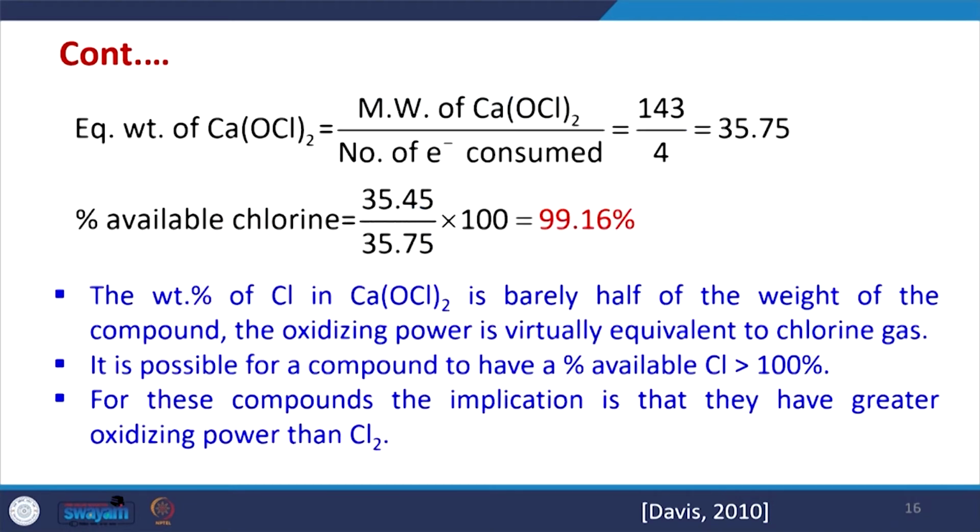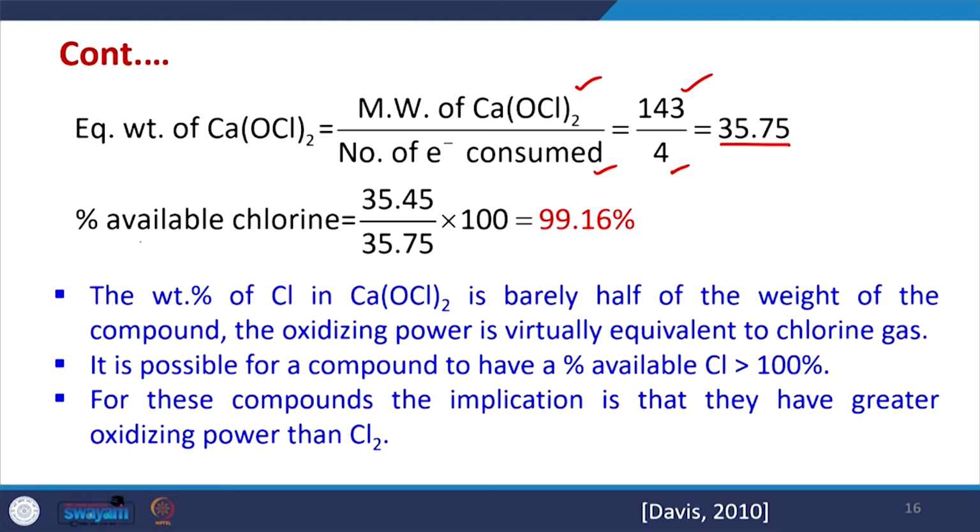Going further, the equivalent weight of CaOCl2 is its molecular weight divided by the number of electrons consumed. It is consuming 4 electrons and its molecular weight is 143. If we divide it, it is 35.75. So, again they are the same.